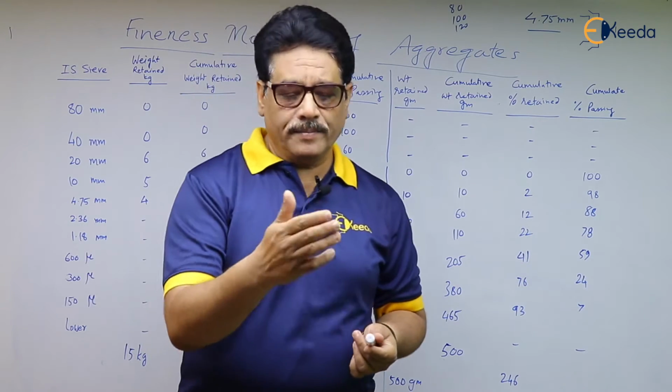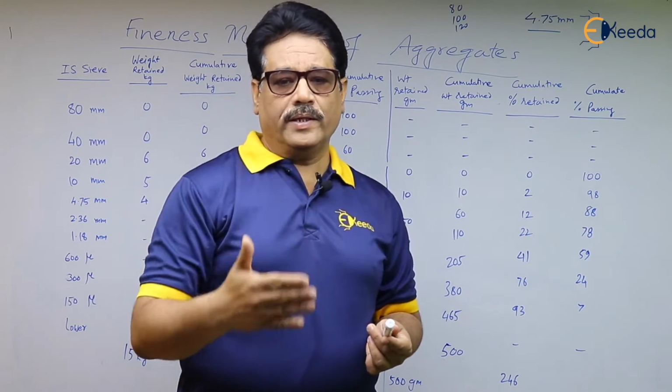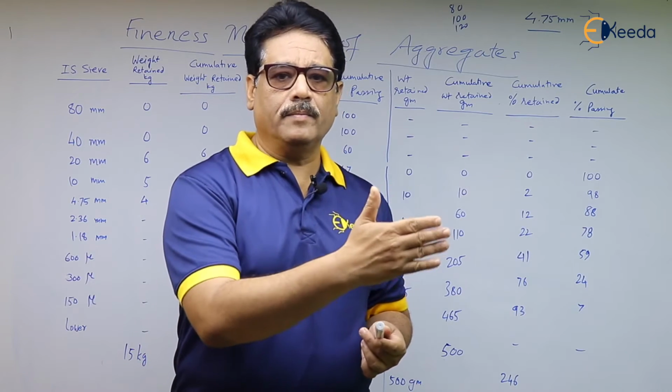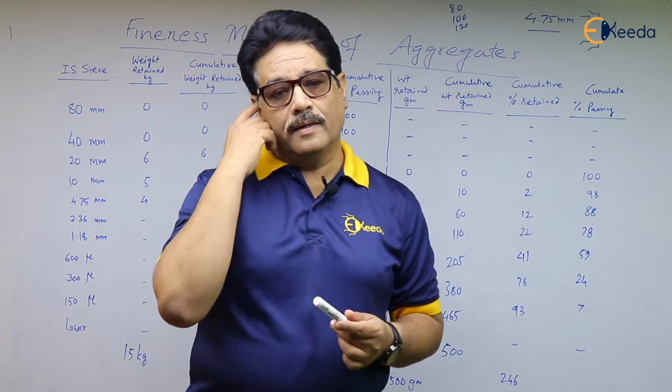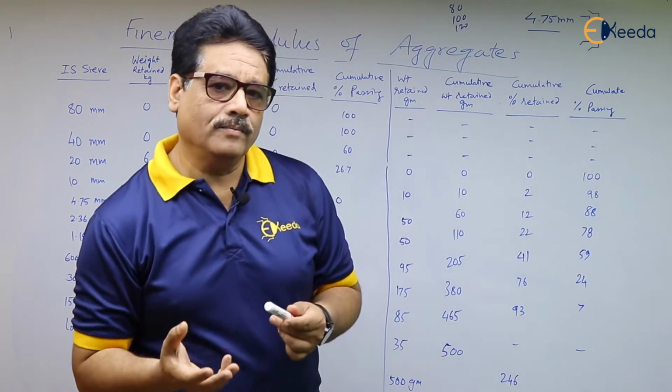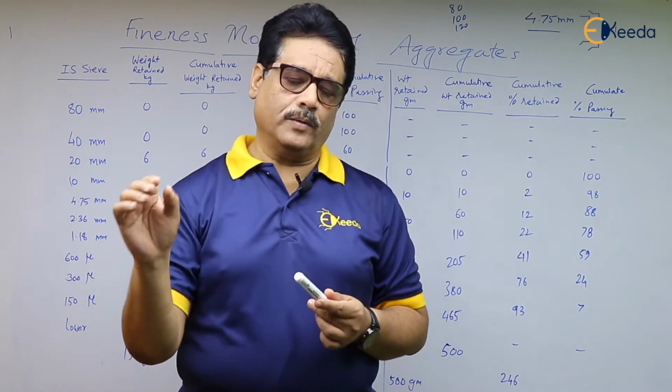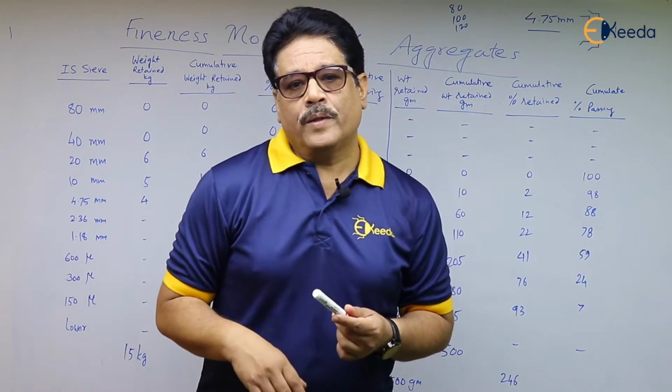So there may be sieves of 40 mm, then 30 mm, then 20 mm, and we will get aggregates of that particular size from the crusher plant. Whenever we order, we have to be very specific about the size of the coarse aggregates.